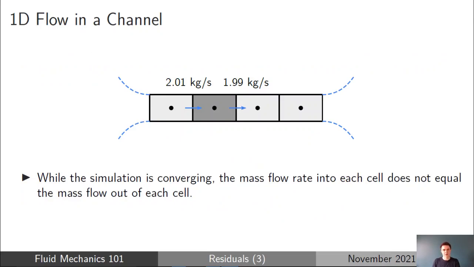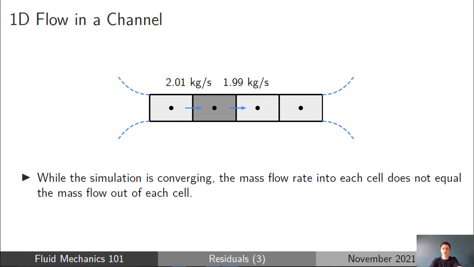In the same manner as the energy equation, the CFD code is going to use an iterative process to get a solution. So while the CFD solution is converging, the mass flow rate coming in the left face of each cell will not necessarily equal the mass flowing out of the right face, and there'll be a difference.